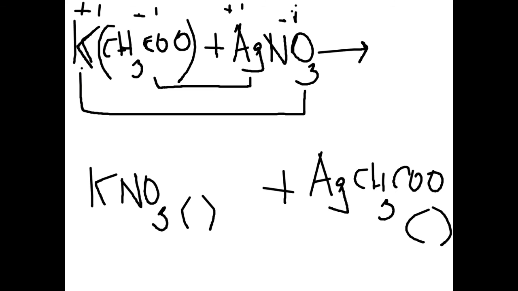All right, now use your little solubility chart and tell me, do we have a precipitate? By that I mean, does any one of them have an S? Yes. Solid. No. Look at the rule.